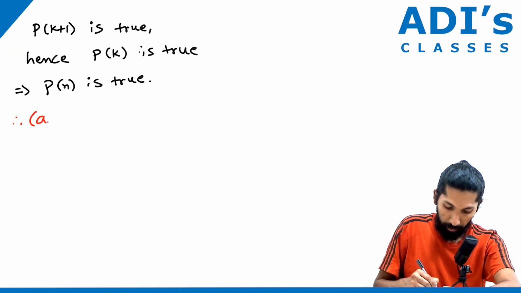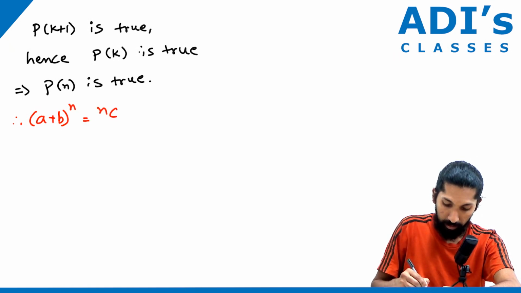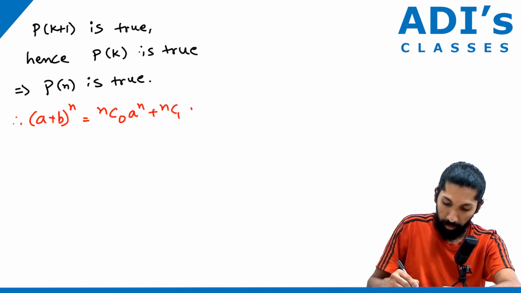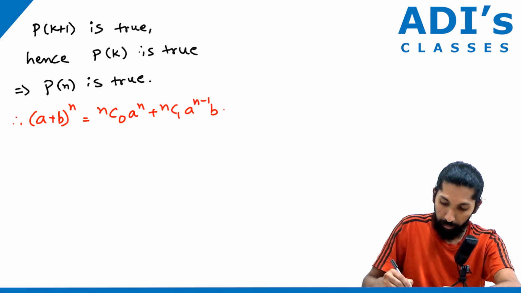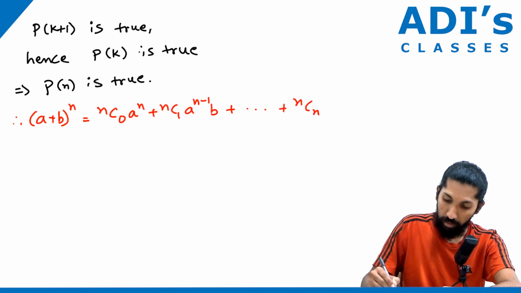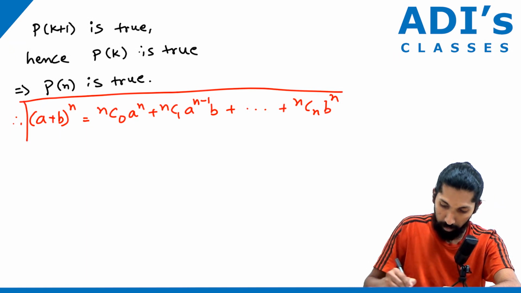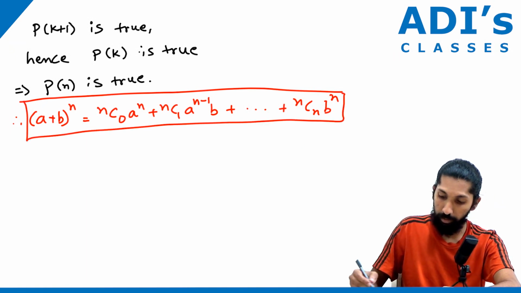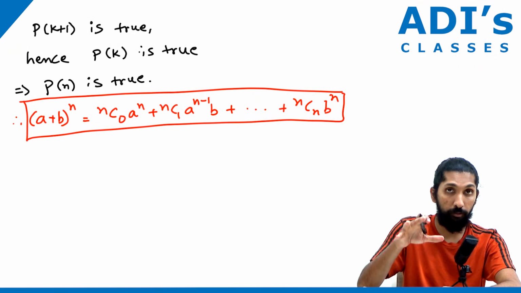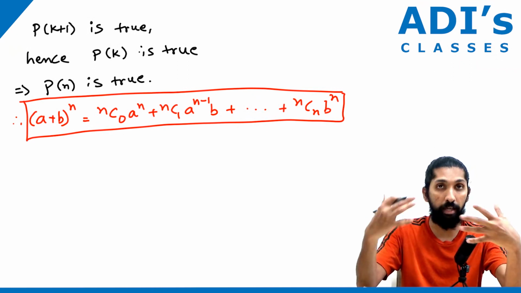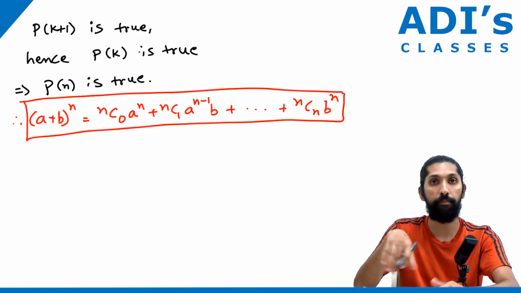Therefore, (a plus b) whole power n can be written as nC0 a power n, nC1 a power n minus 1 into b, and so on and so forth till nCn b to the power of n. So this completes the proof of binomial theorem. So P of n, or (a plus b) whole power n, is going to give you this one.